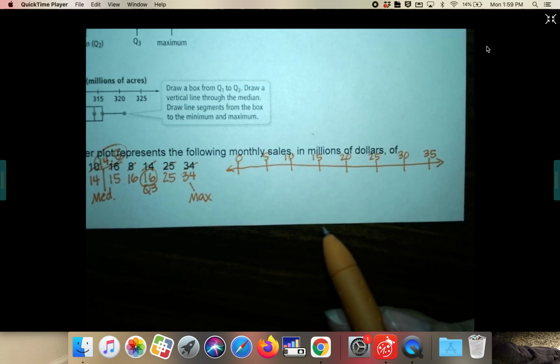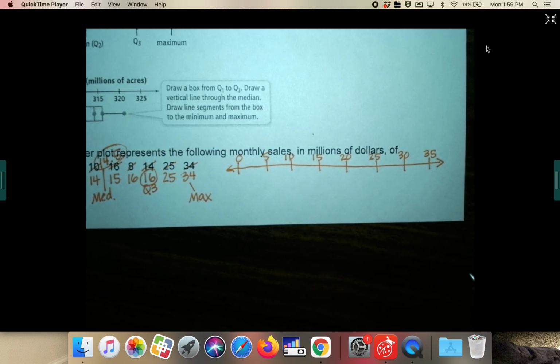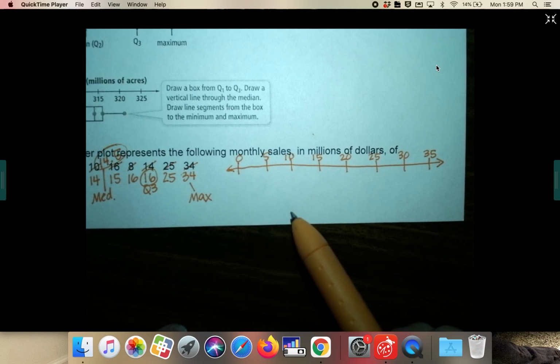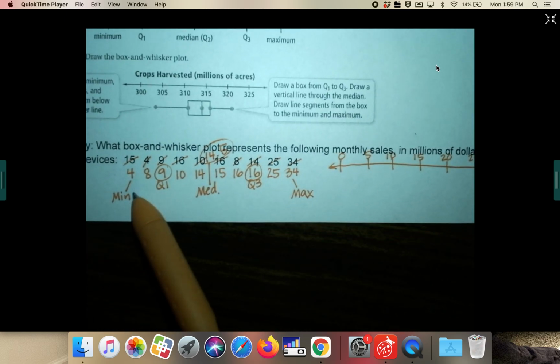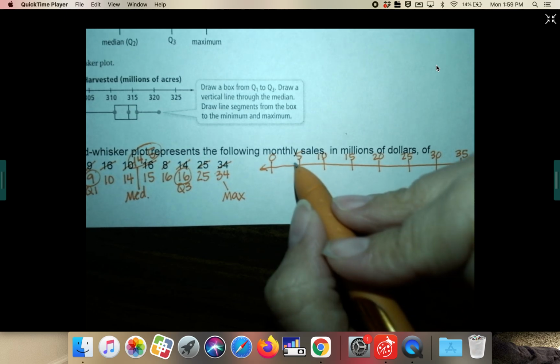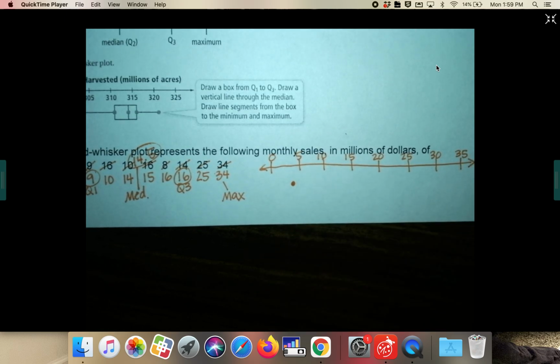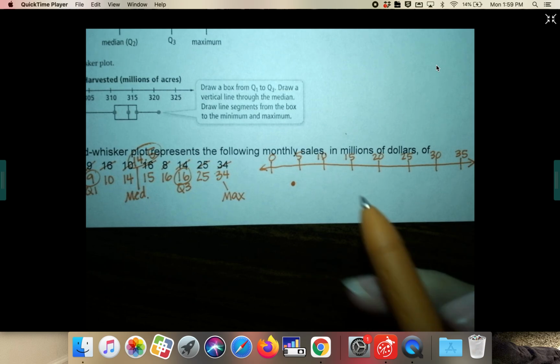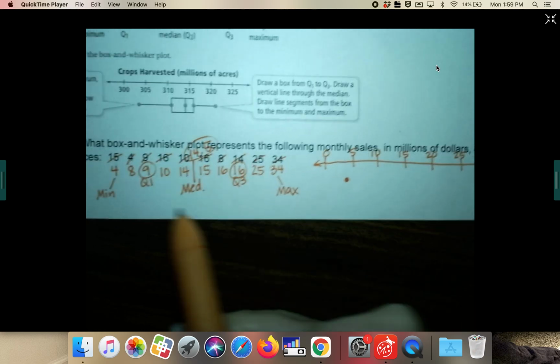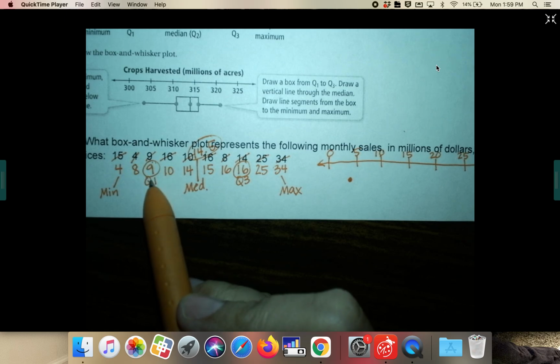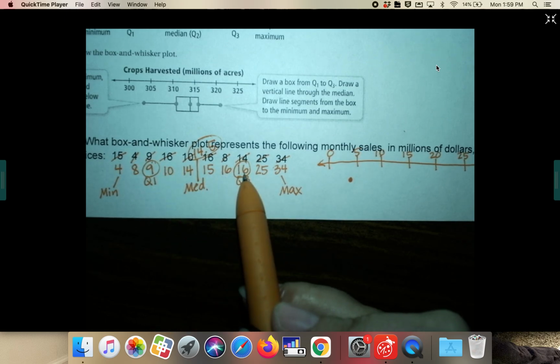Okay, and right below that, I'm going to do our box and whisker. So the whisker is going to extend from our minimum, which is 4. So I'm going to put the first part of my whisker down here, just at about right below 4. And it is going to extend to the box. And the box is going to go from 9 to 16.